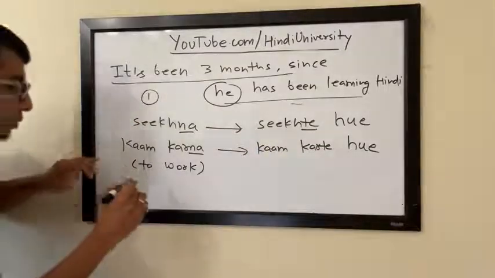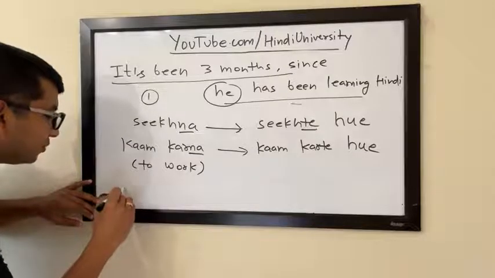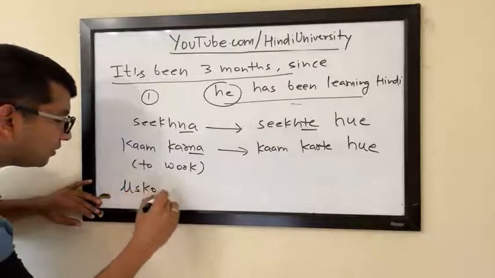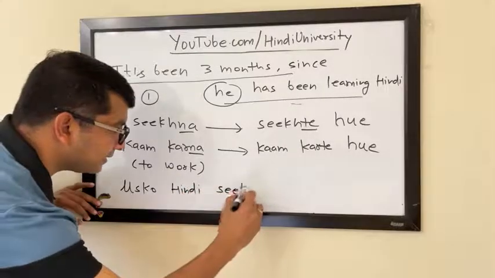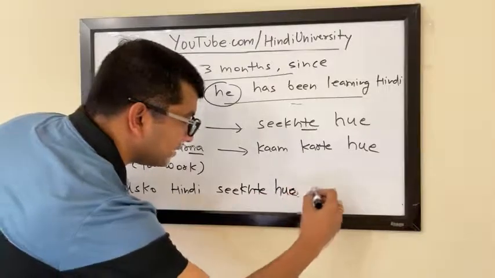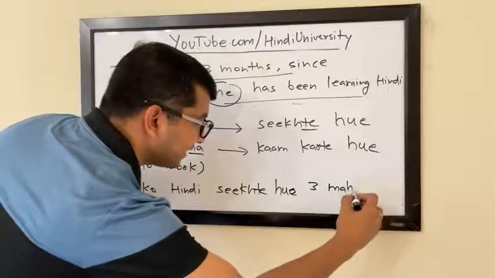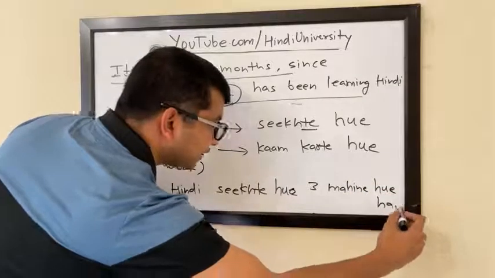So the pattern was, first when we say the first sentence, उसको हिंदी सीखते हुए 3 महीने हुए हैं. That was number one.